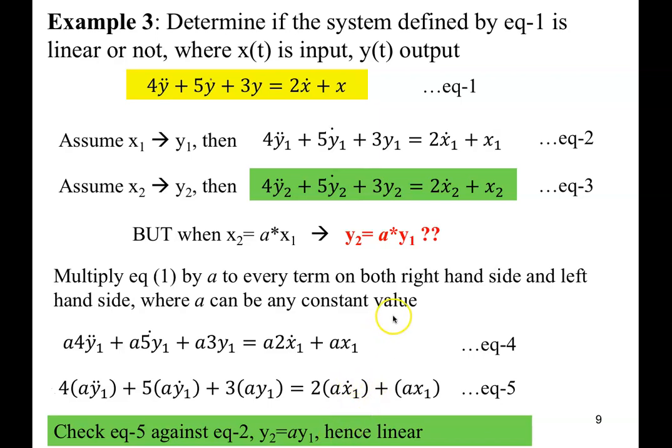That also matches. y2 equals a y1, that matches. y2 dot equals a times y1 dot, that matches too. y2 double dot should be a times y1 double dot, and in equation number 5 we have a y1 double dot. So every single term matches between equation number 3 and equation number 5.